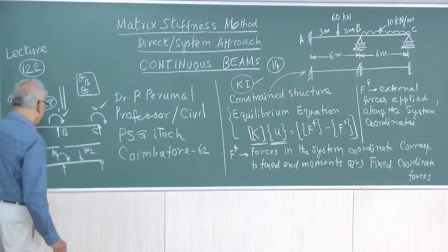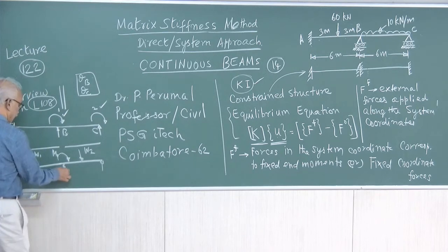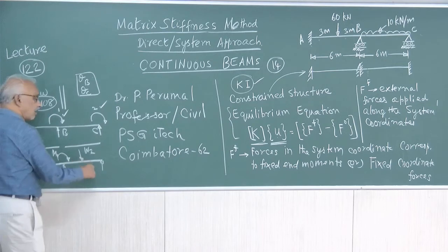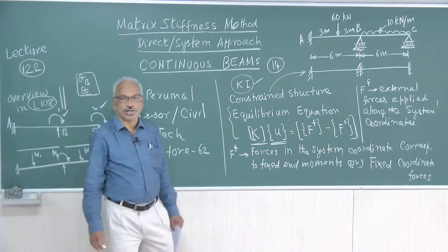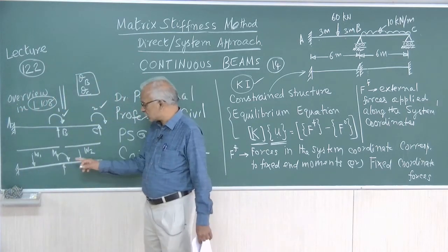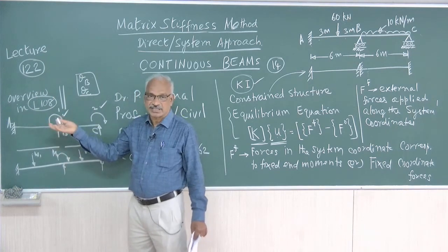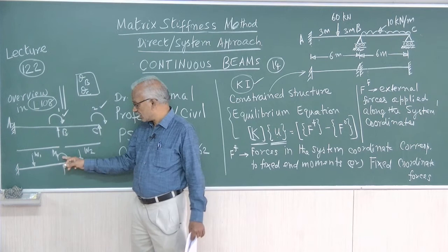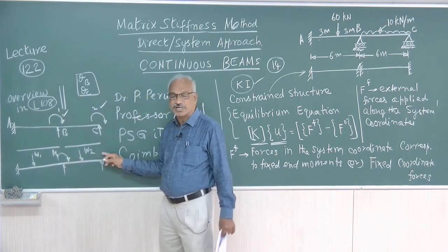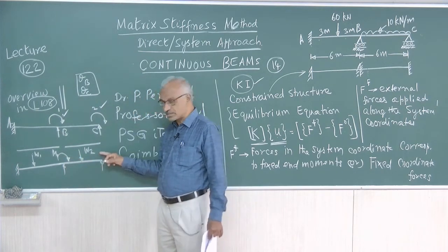Now, in the given structure, in addition to the loading on the span, suppose an external moment is given at B. Similarly, an external moment is given at C. Of course, here it is not given.